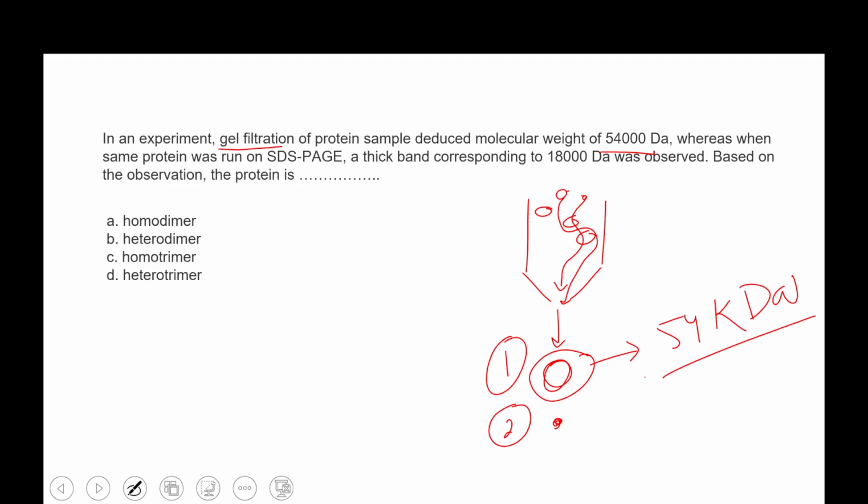You are giving a detergent, a harsh reagent, to the protein, so it will break all the bonds. It will bring the protein from its tertiary or quaternary structure to its primary structure. It will denature the protein by breaking the interactions among the amino acids.